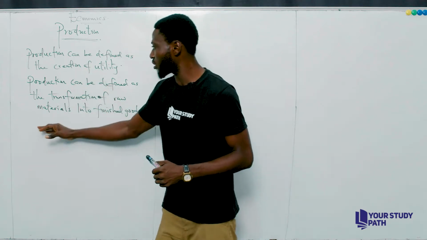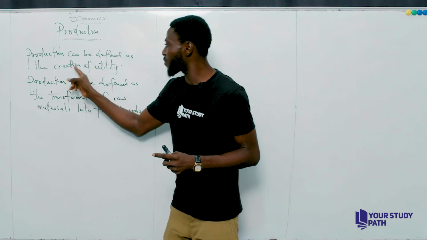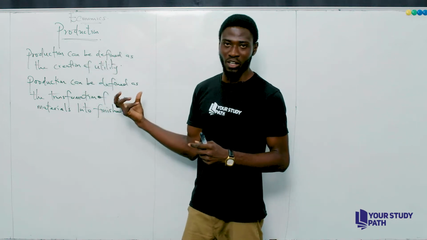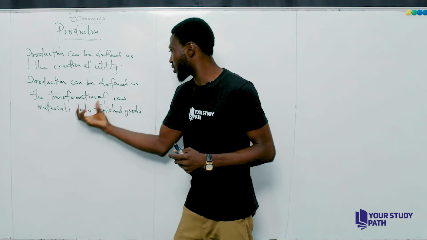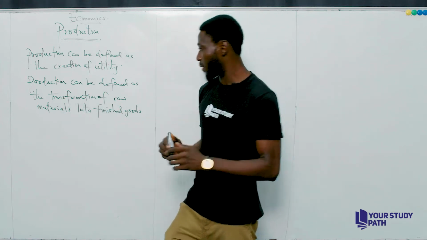So for us to have a full production, it is when we've created something that can give satisfaction, or when you have transformed raw materials into finished goods. We don't stop there.